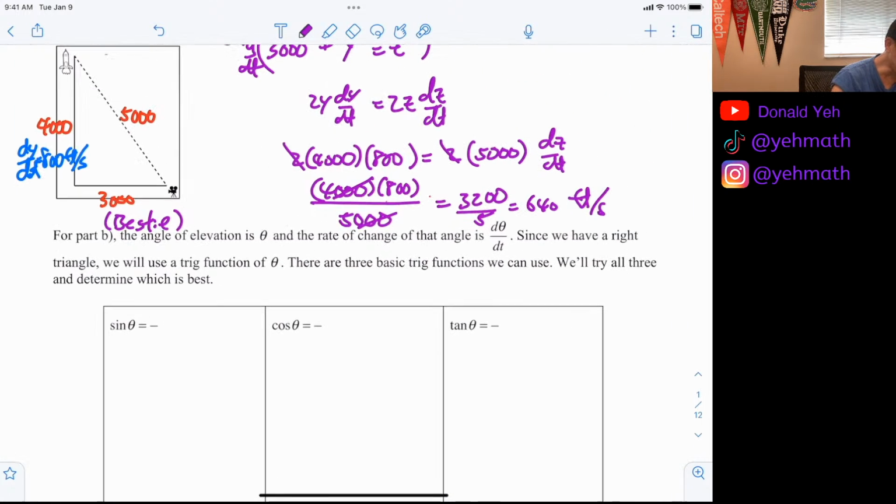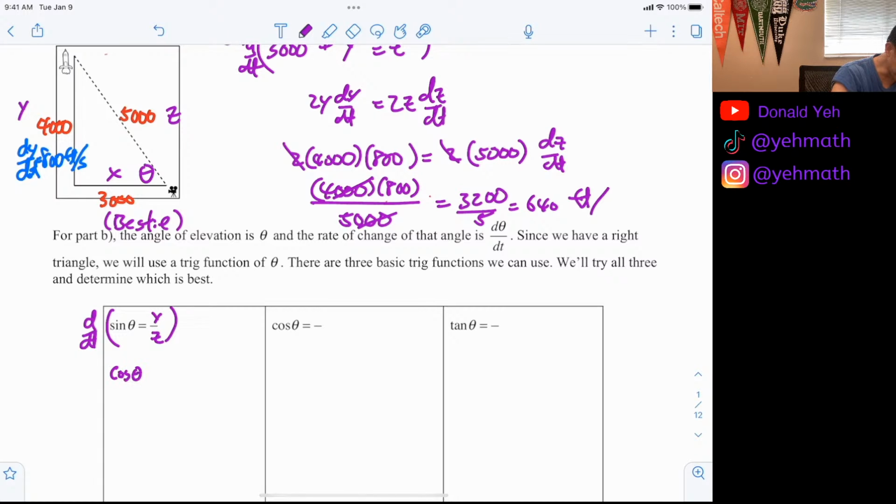Sine theta, if you think about it, we're going to assign this as Z, and this is Y, and this is X. So in this case, sine theta is right here, and it's Y over Z. If I take a derivative of this, it's just not pretty. Devin did it, and he did his derivative right. So if he did the derivative d theta dt, and when he plugged in, there were a lot of issues.